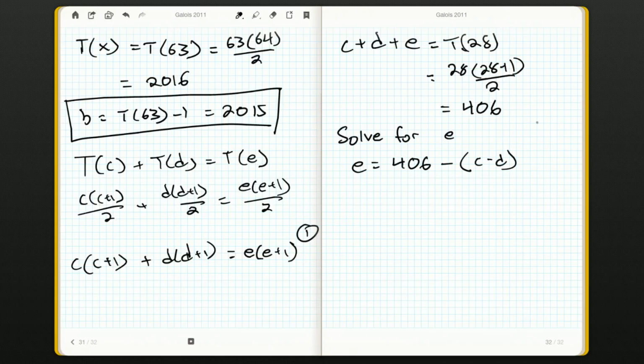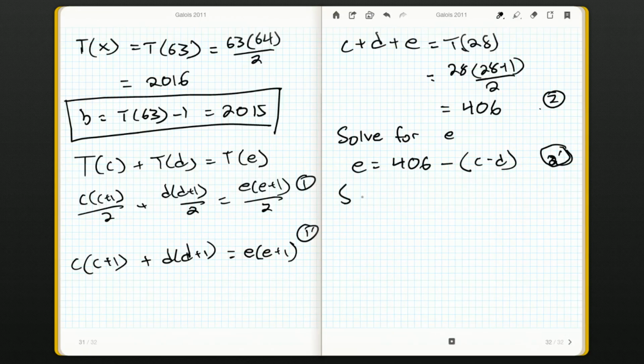I'm going to call this equation 1, we'll have equation 1 prime, and this is equation 2, so we'll call this equation 2 prime. All right. So we're going to sub into equation 1 prime.